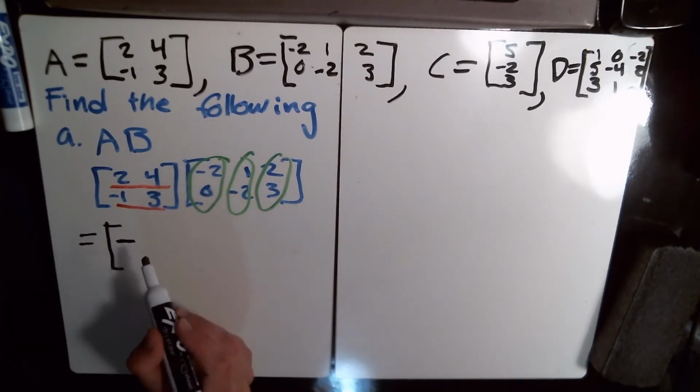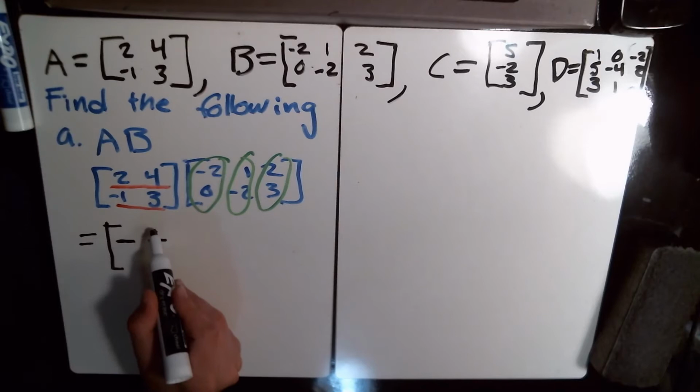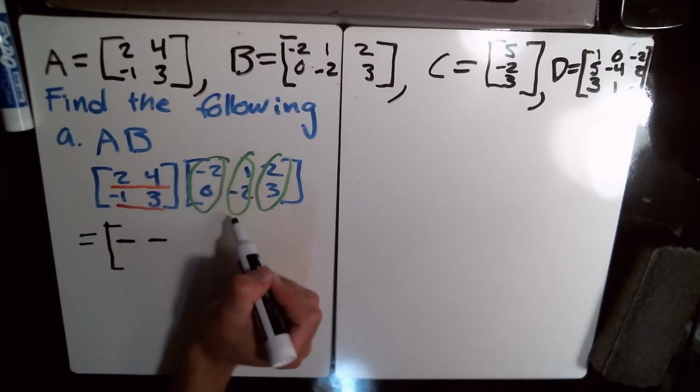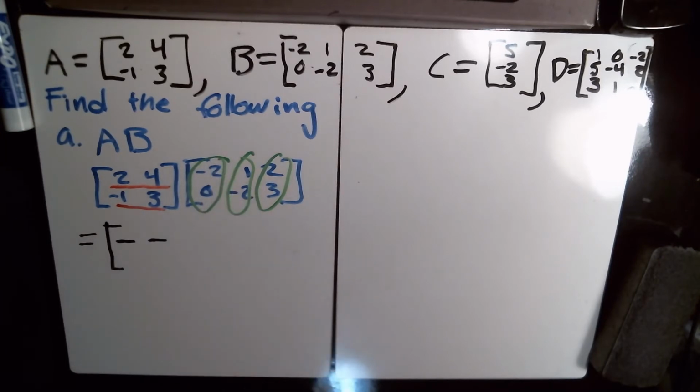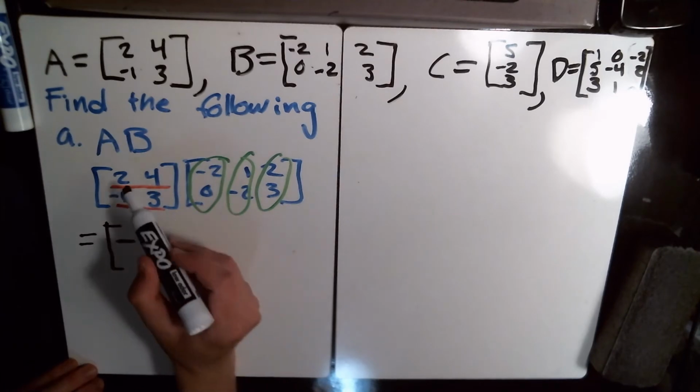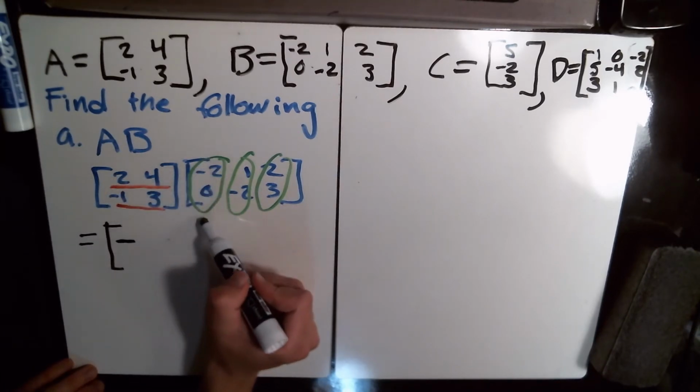If I wanted the first row, second column, I would use the first row and the second column, and so on, okay? So let's start with first row, first column.